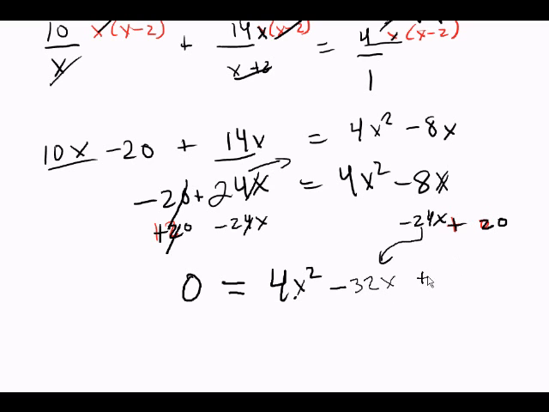No, a negative and a negative, when you combine them, you have to add them. Negative 32x. Negative 8 and a negative 24 is a negative 32x. And then you have a plus 20.